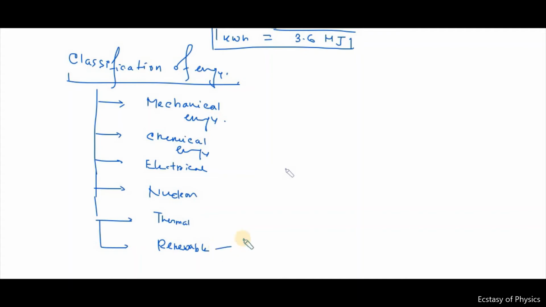Again, renewable energy can be classified as solar energy, then wind energy, tidal energy, geothermal energy. However, we just have to go through the basic ideas of the different types of conversions, because in AP Physics 1 they are not going to ask for so many details.